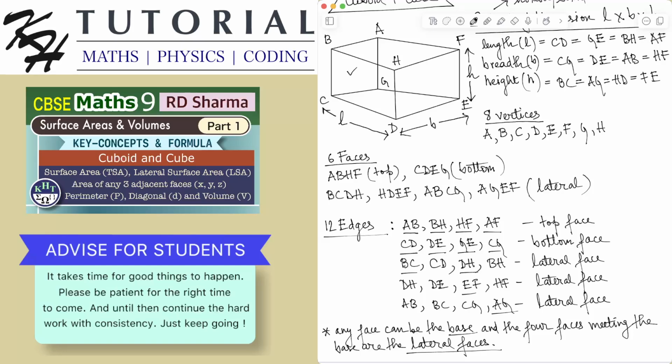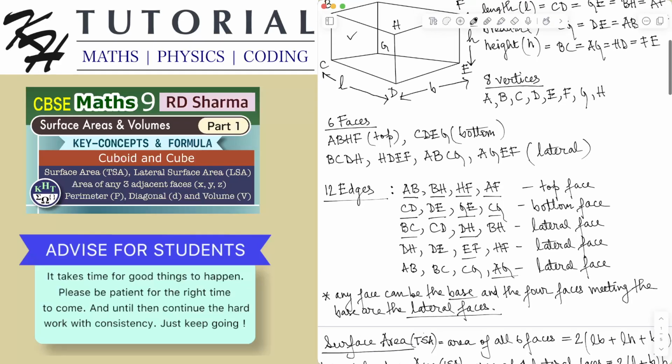The adjacent faces are BCDH, AGFE and BHAF, the top and bottom faces, and also the lateral faces BCDH and AGFE. So if you consider any face as the base, its corresponding lateral faces will be the four faces which are meeting the base, I mean meeting along the sides or edges.